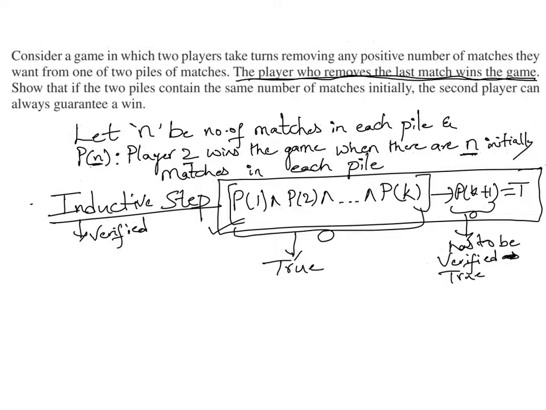To show this implication, this thing must be assumed true and this particular thing has to be verified for true. Okay.